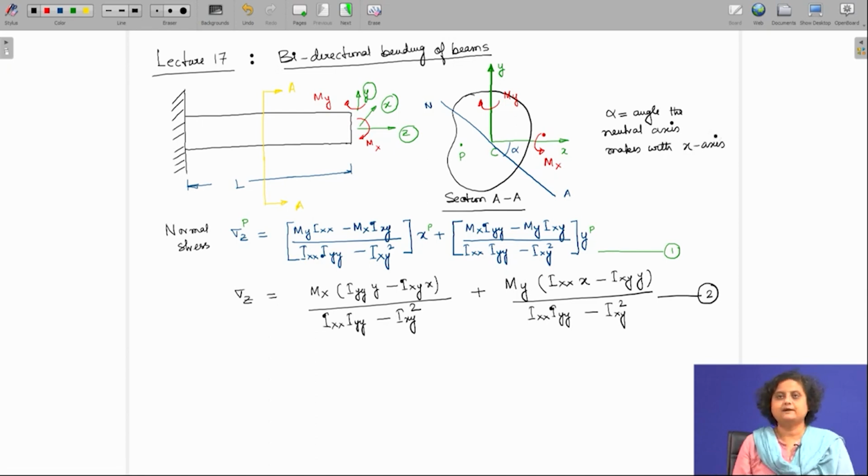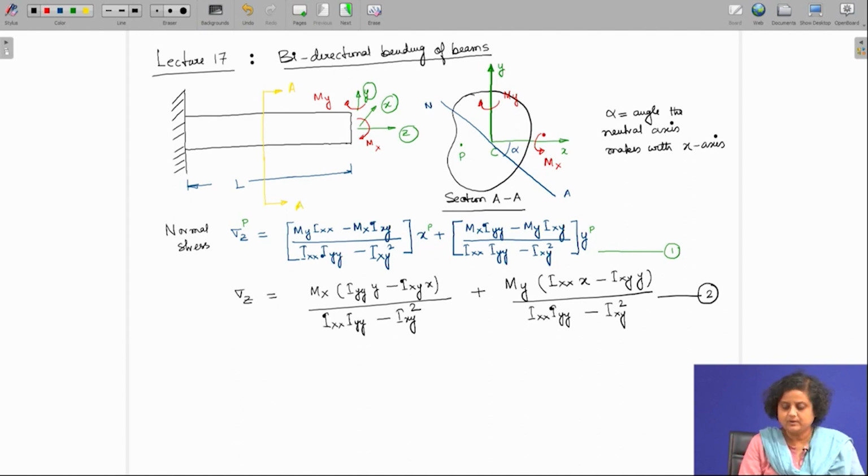How do I find this angle alpha? As we all know, the neutral axis is the line at which the stresses are equal to 0. So, we will use this definition of neutral axis to find the expression for alpha.